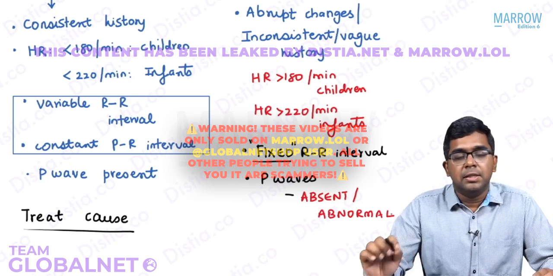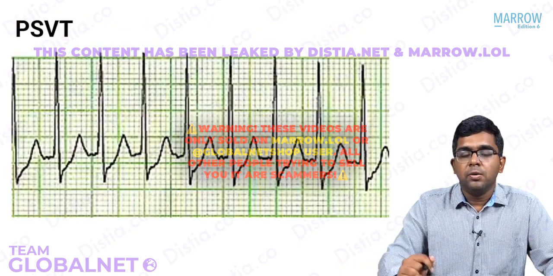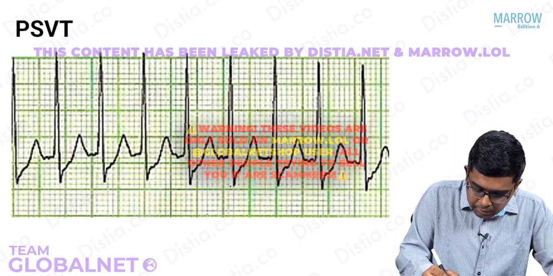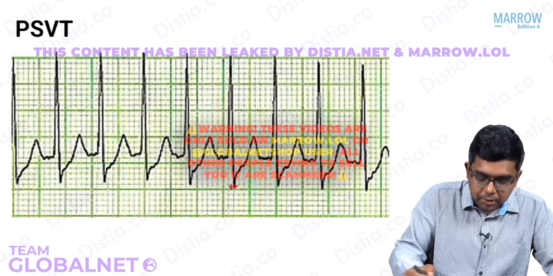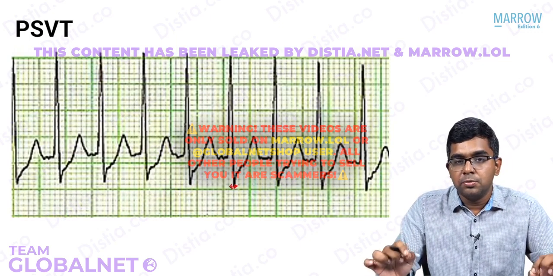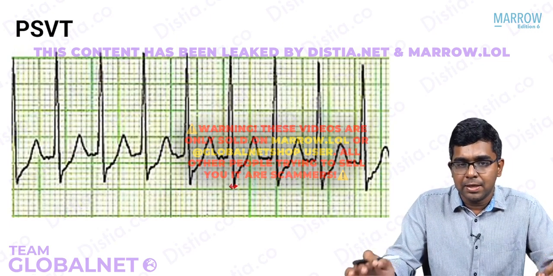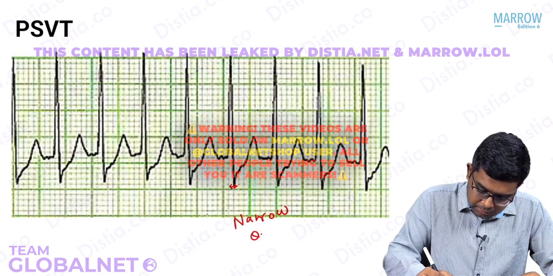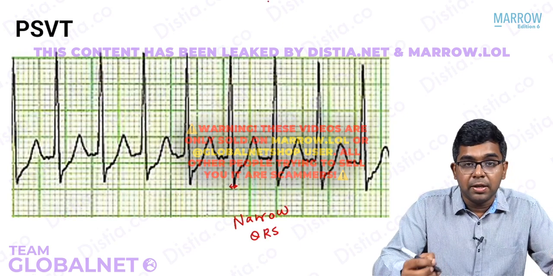This is how the typical ECG picture will look like. You can notice some characteristic ECG findings here. One is narrow QRS complex. As you can see, there are only two small squares which correspond to 0.08 seconds. So it's a narrow QRS. Next thing, you're not able to make out a definite P wave.